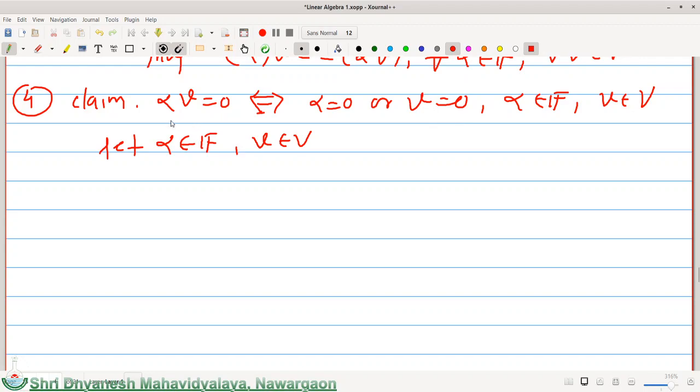So we will have two parts here. In the first part we will assume this and prove this, and in the second part we assume this and we will prove this.